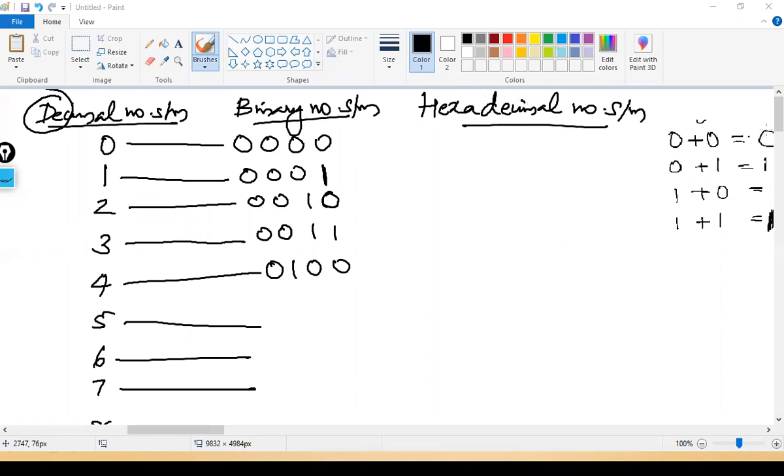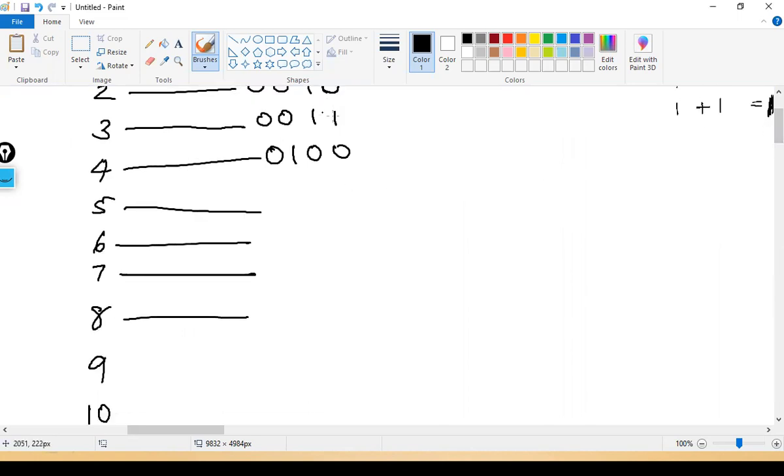So I thought of telling you an easier method, but I suppose that's not necessary. So 5 you will get like this: 0, 1, 0, 1. Then the next is 0, 1, 1, 0. 0, 1, 1, 1. 1, 0, 0, 0.